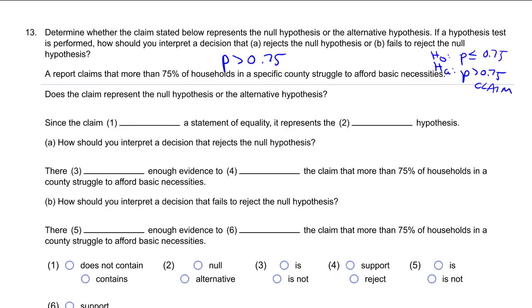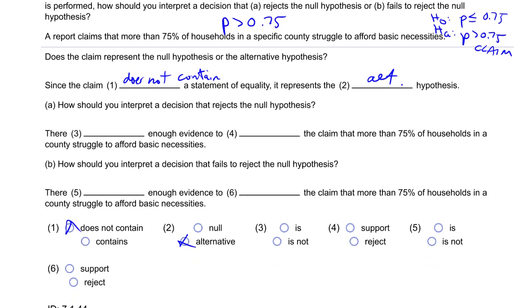This is very similar to the last one. Since it does not contain a statement of equality, it represents the alternative hypothesis. How should you interpret a decision that rejects the null? If it rejects the null, it brings me to the claim, so there is enough evidence to support the claim.